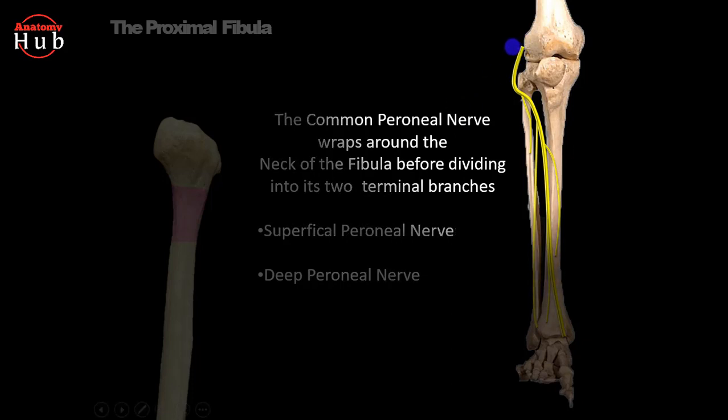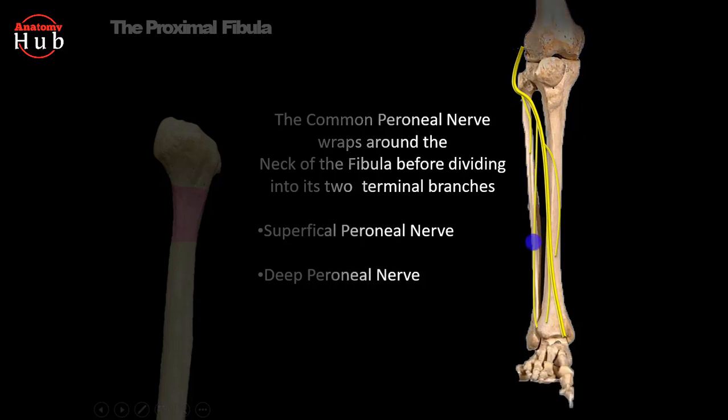This common peroneal nerve, also known as your common fibular nerve because it is closely related to the fibula, wraps around the neck of the fibula before dividing into two terminal branches. Here you can see these terminal branches anteriorly. This one is your deep peroneal nerve, and laterally this thin nerve going down is your superficial peroneal nerve.